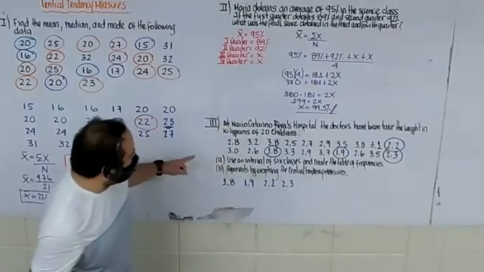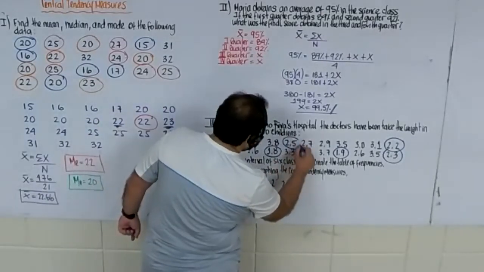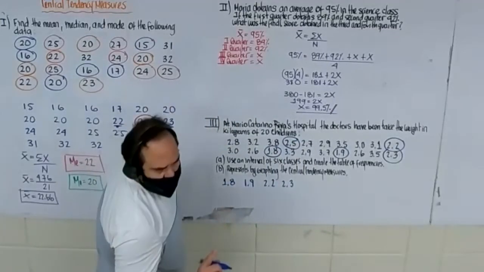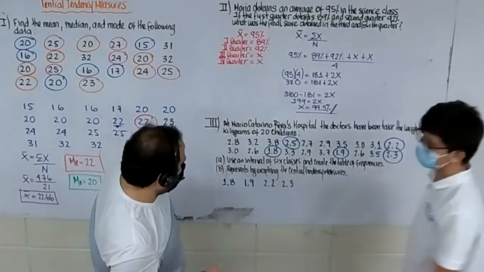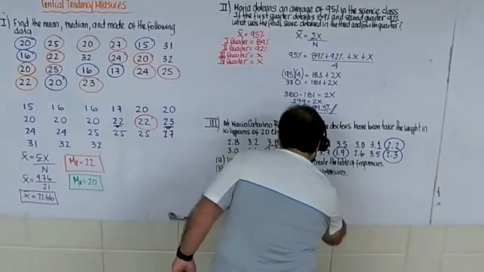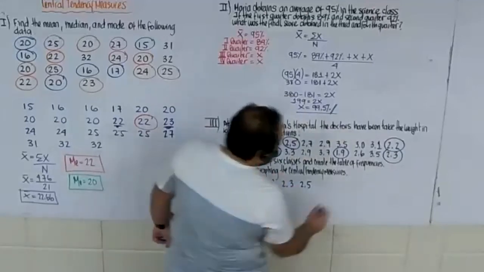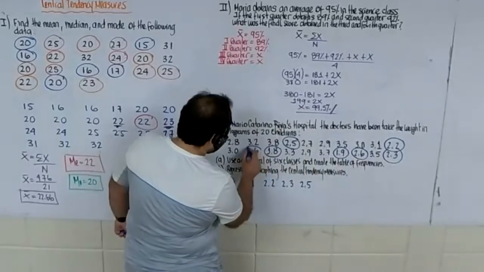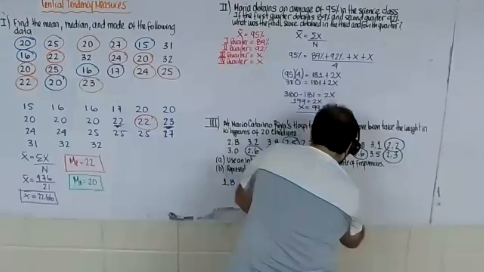All right, let's see it. 2.5, located over here. Okay, hold on. But before it's 2.5, right? Okay, 2.5. How many times 2.6? 1 and 2, right? 2.6.